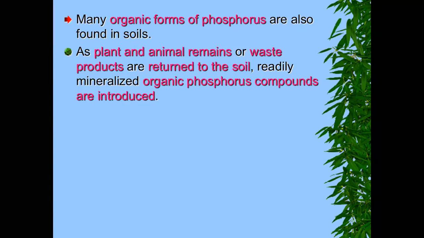एक्चुअली when plant and animal residues or the waste products are returned to the soil, these are added to the soil, they are readily mineralized. And you know, mineralized means conversion from organic to inorganic form. So these are readily mineralized, and the readily mineralized organic phosphorus compounds are introduced.